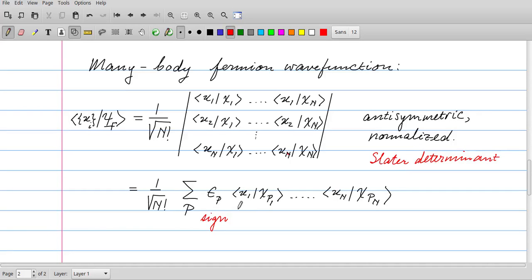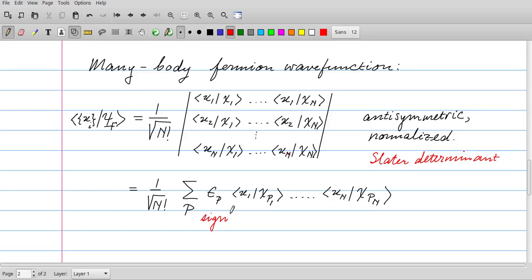Any permutation can be constructed from particle swaps, and the number of these swaps can be odd or even. If it's odd, we take a minus 1 for the epsilon P, and if it's even, then the epsilon P is plus 1.